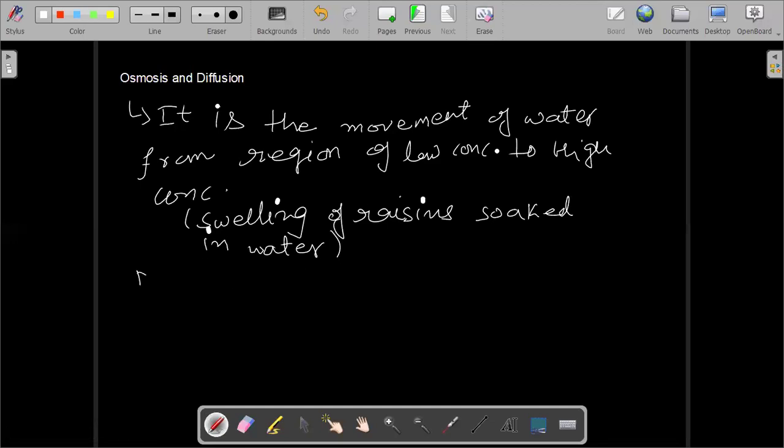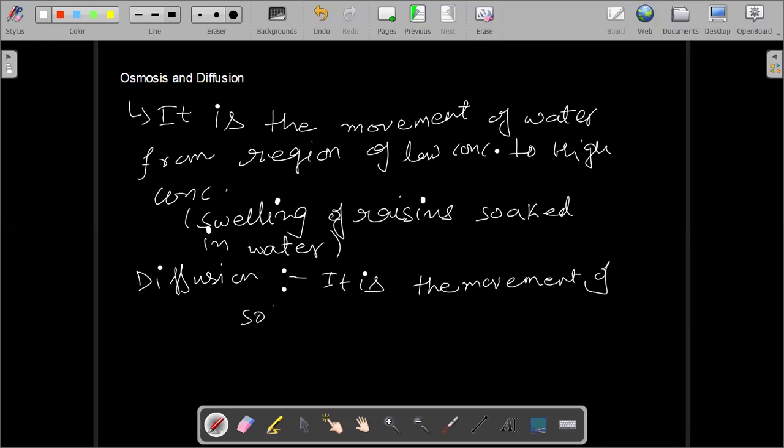Now diffusion. Diffusion is the movement of solute particles.